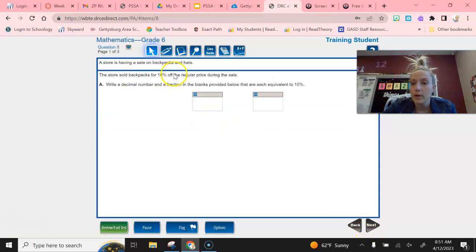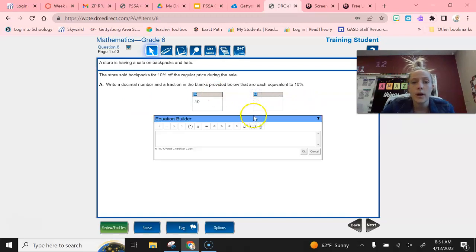It's going to give you another open-ended response, and it gives you an option to write equations in here. For this one, it says write a decimal number and a fraction in the blanks provided below that are each equivalent to 10%. So you would put in here whatever your answer is. You can put it in a decimal form. You can go over here and put it in a fraction form.